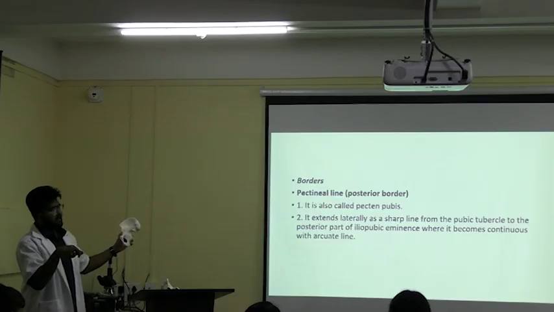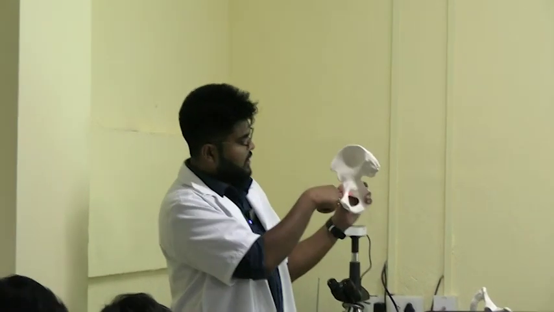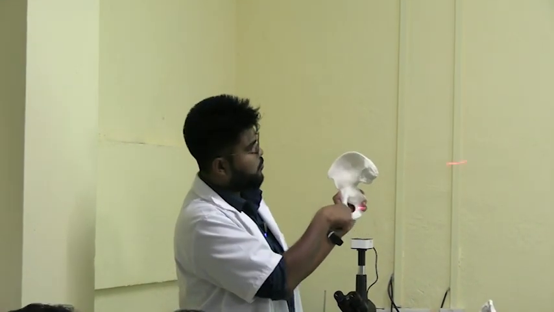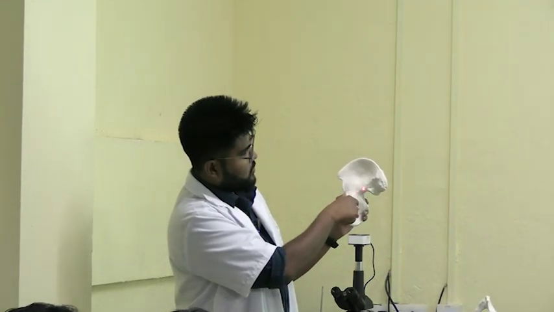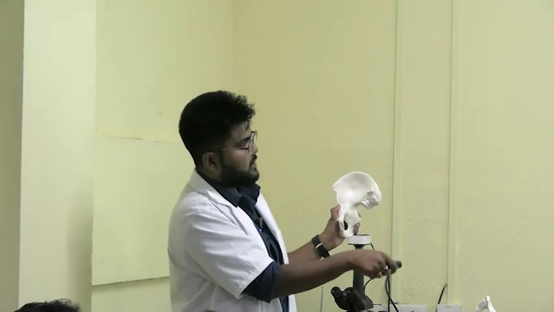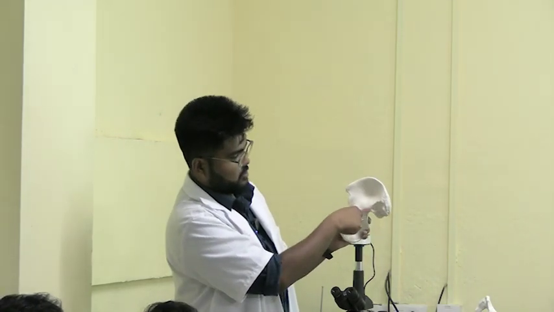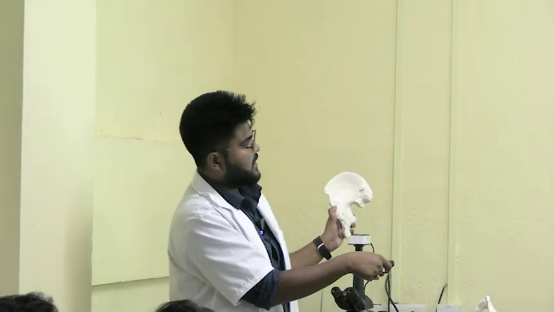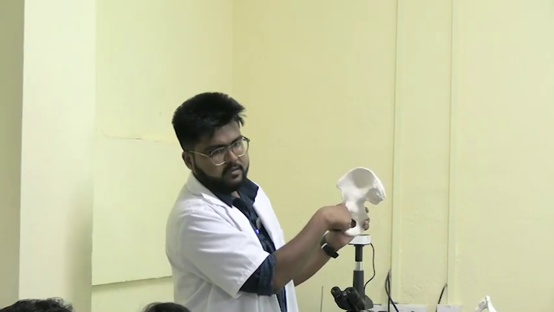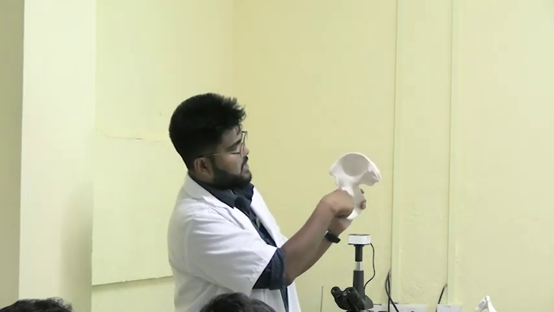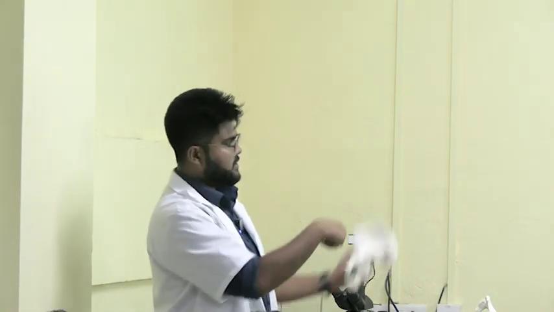It extends laterally as a sharp line from the pubic tubercle to the posterior part of the iliopubic eminence, where it becomes continuous with the arcuate line.